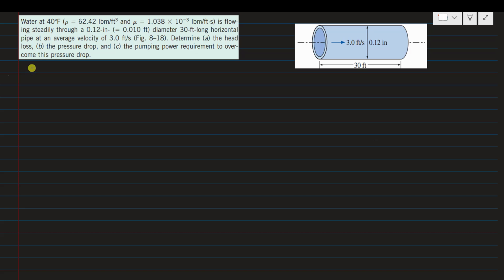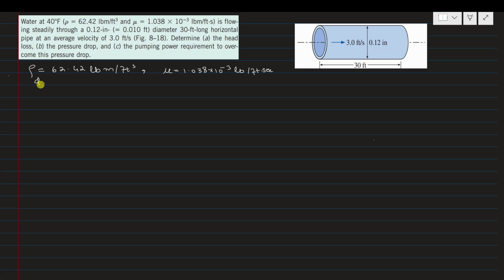So first of all, at 40 Fahrenheit, the density of the water is 62.42 pound per foot cube, and its dynamic viscosity is 1.038 multiplied by 10 to the power minus 3 pound per foot second.